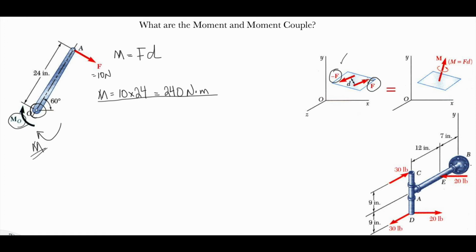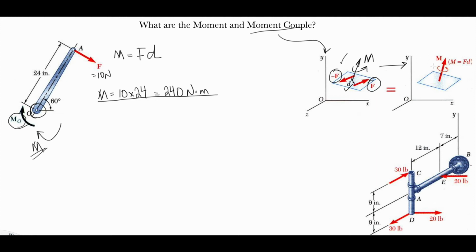That means they are said to be a couple. So we call these couple moments. Because of this distance, these two forces will exert a moment going in this direction, which is shown in this diagram here. So this moment, M, equals F, either of these since they are equal, multiplied by d, which is this distance. That will cause a moment couple.